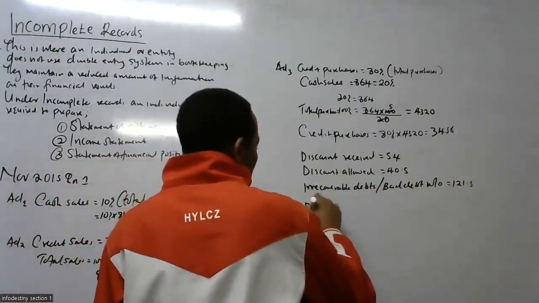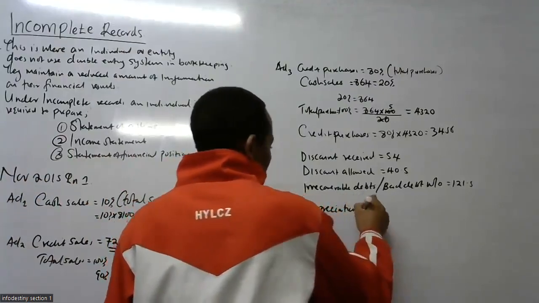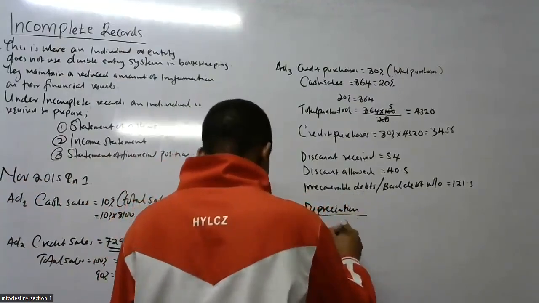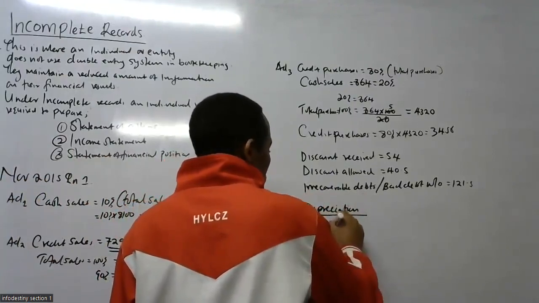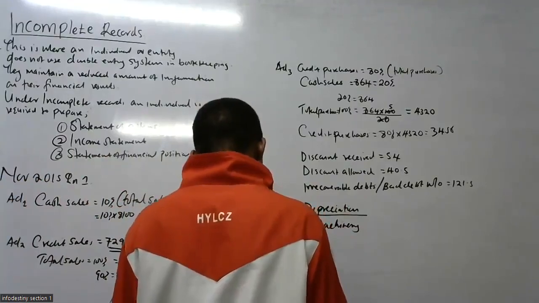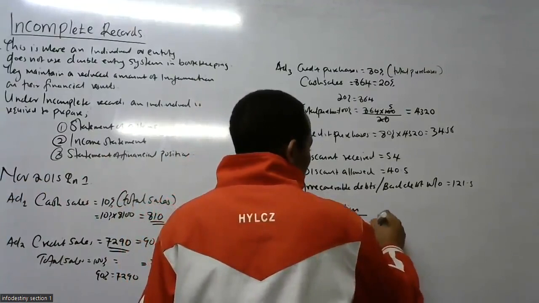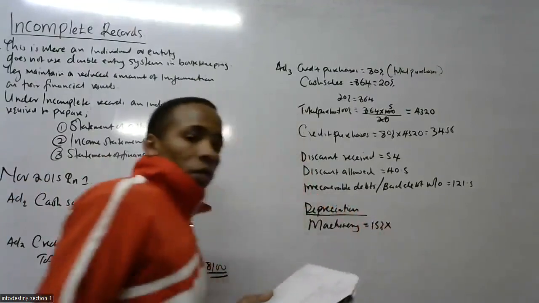Then we are told that depreciation is to be provided as follows. For machinery, 15% on cost.